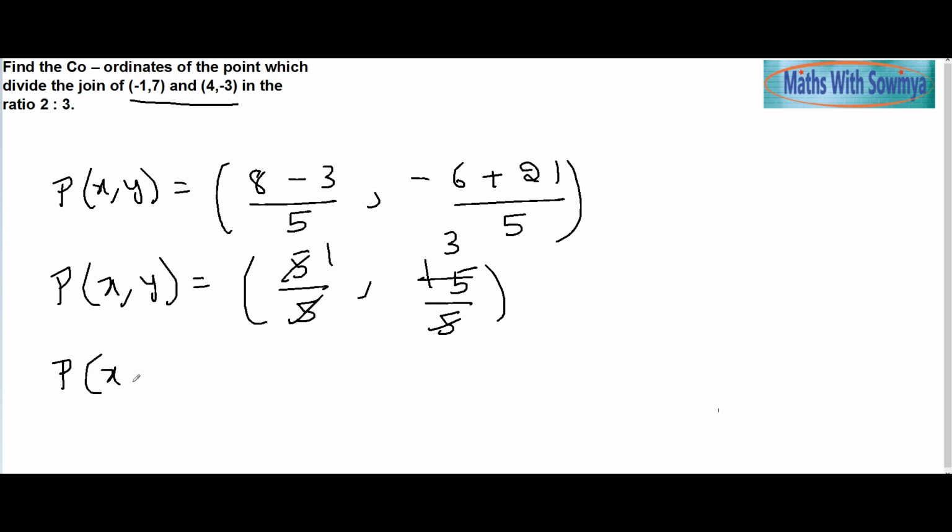So P(x, y) is (1, 3). So your answer is this one. You can get this even for an MCQ or a 2-mark question.